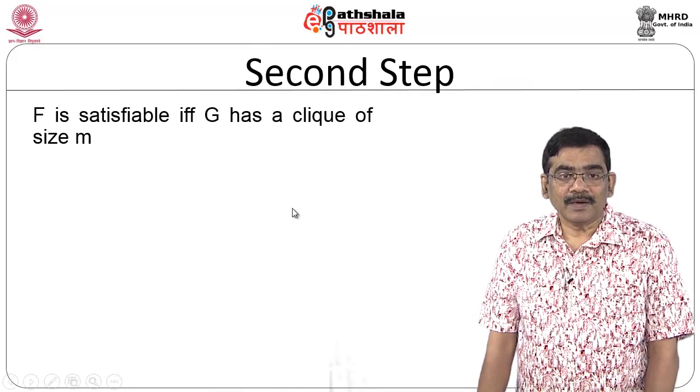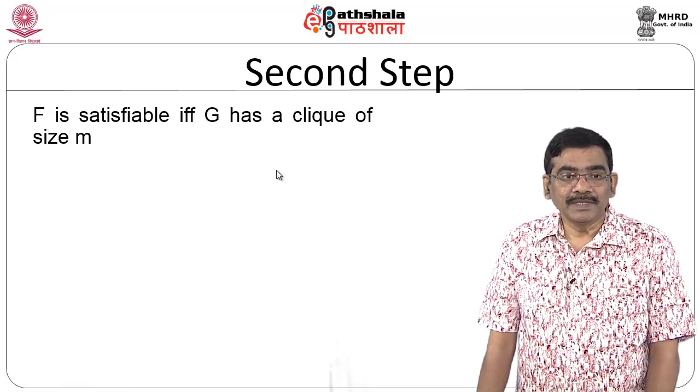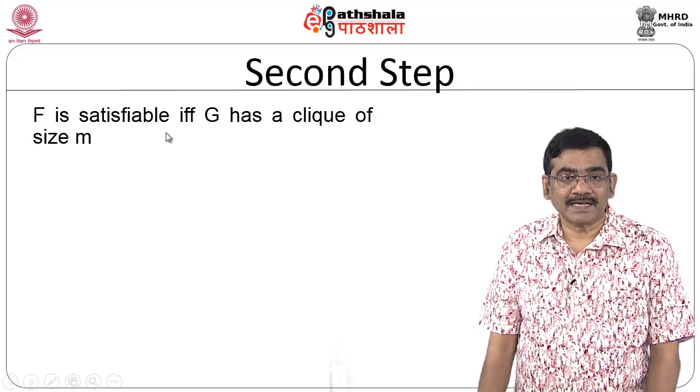Now, we are doing this reduction, and we are going to say that f is satisfiable if and only if G has a clique of size m.